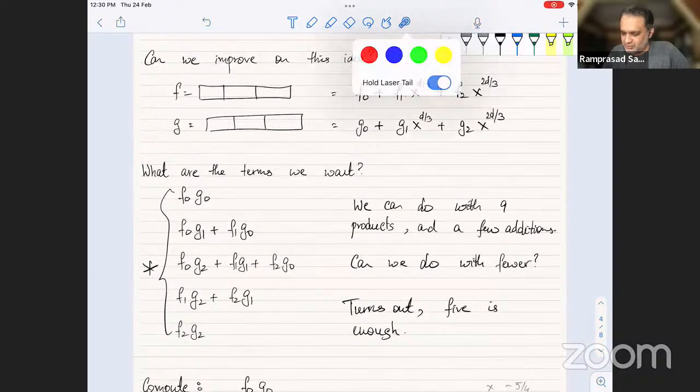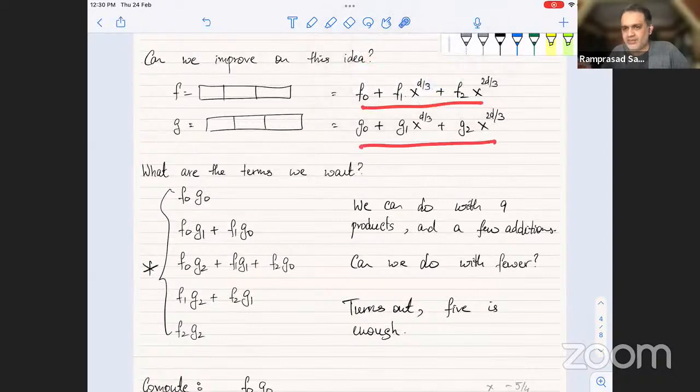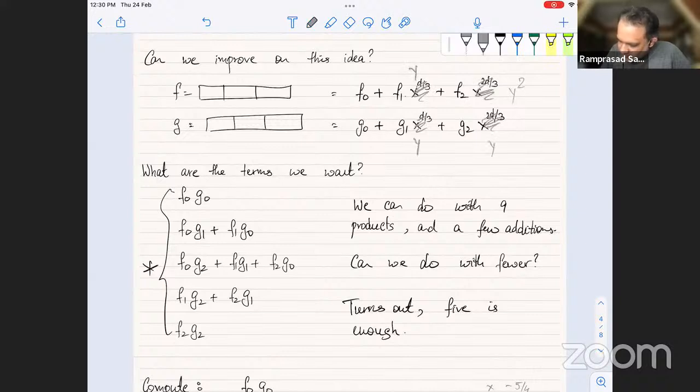We wrote down these two polynomials. Okay, for now, mentally think of, instead of having this x power whatever, let's put a y here and let's put a y squared here, where y is playing the role of x power d by 3, but let's just think of y as a formal variable.